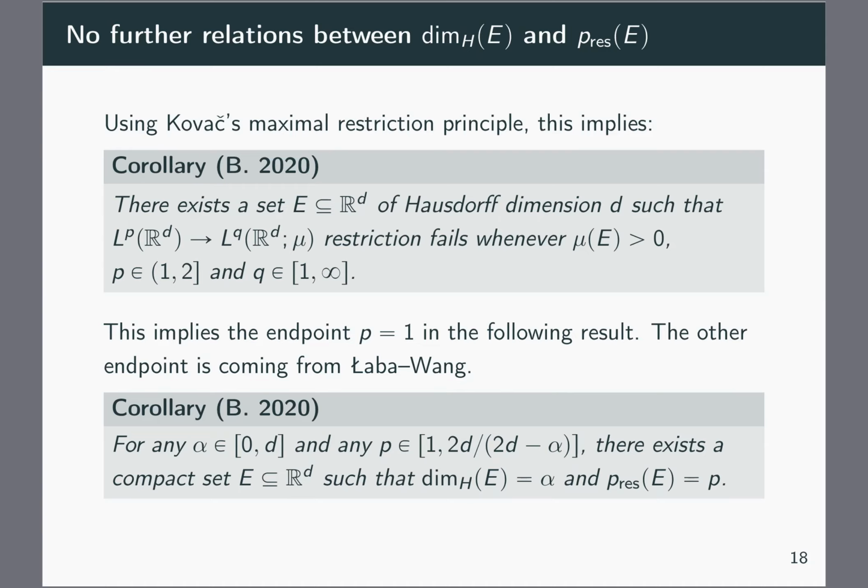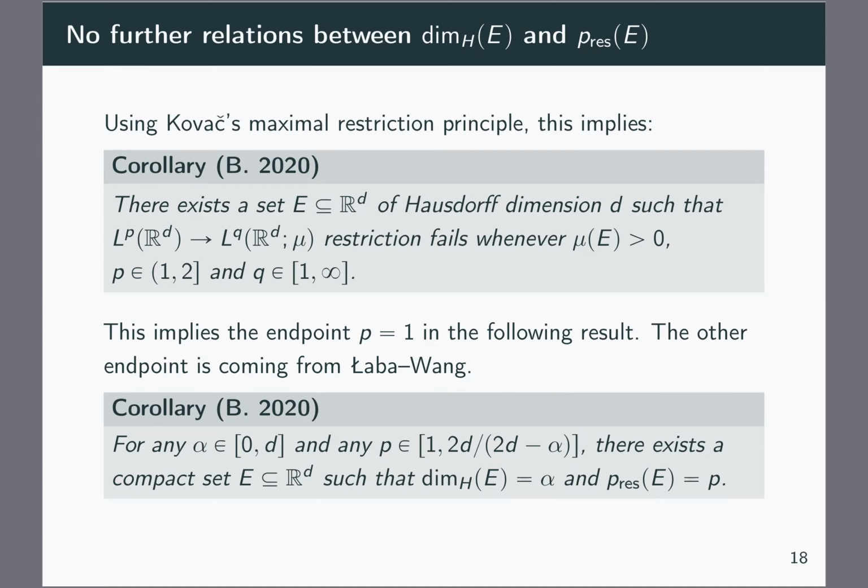So basically, this is a full dimensional set for which any non-trivial restriction inequalities fail. In particular, this set avoids any measures that have restriction theorems. It avoids all those curved submanifolds and all those pseudo-random fractals.